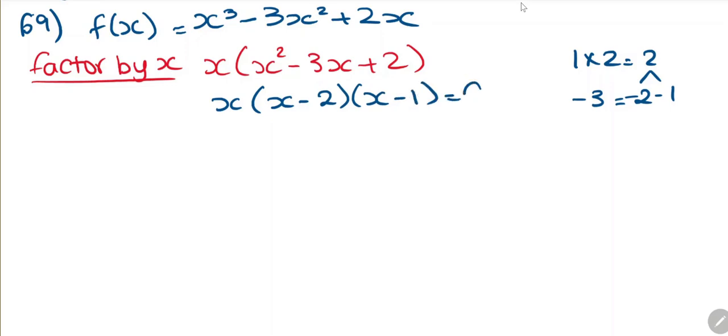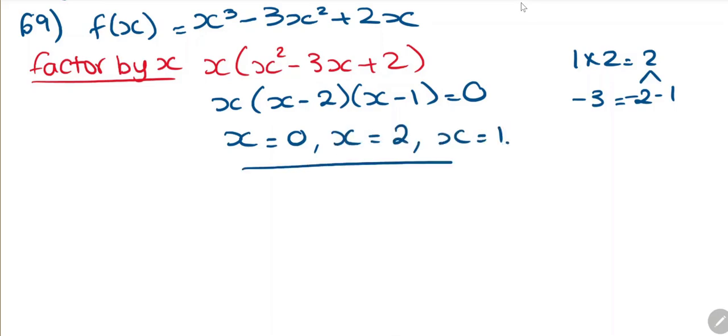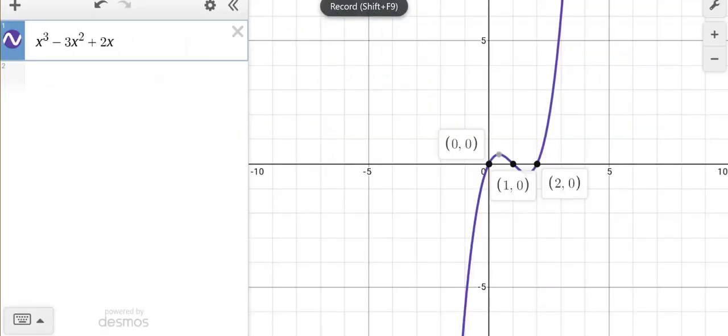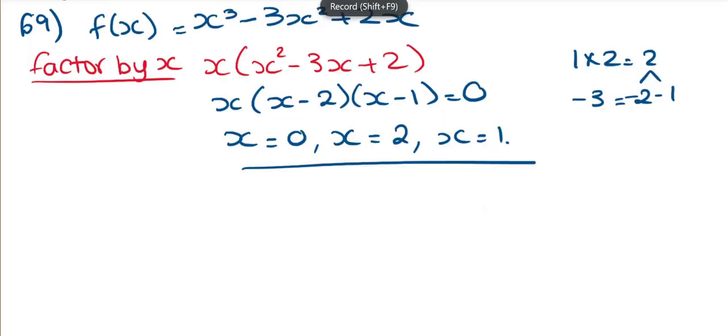If we set equal to 0, x is equal to 0, x is equal to 2, and x is equal to 1. So we can check this in Desmos. Okay, so looking at Desmos, we can see that we have intercepts and so roots at 0, 1, and 2, which is what we had here.